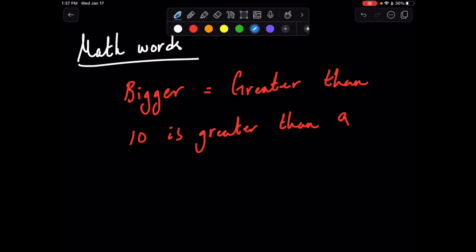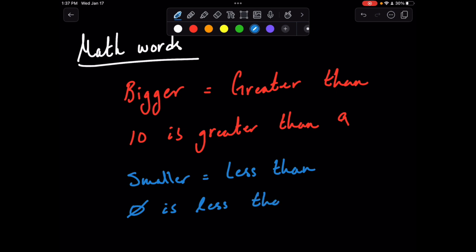And our second word that we've been using is smaller. Instead of the word smaller, we're going to say less than. We would say that 0 is less than 1. And that's really all there is to it. So, hopefully it wasn't too terrible, and hopefully we survived.